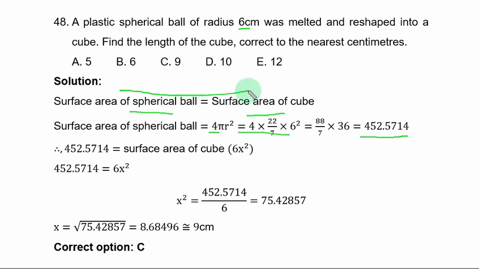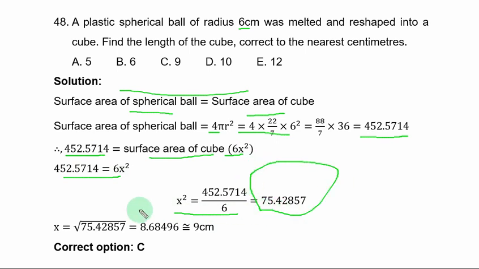From this expression, you have 452.5714 equal to surface area of a cube, which is 6s squared. You have this result. To get s squared first, divide through by 6 and you have this result.